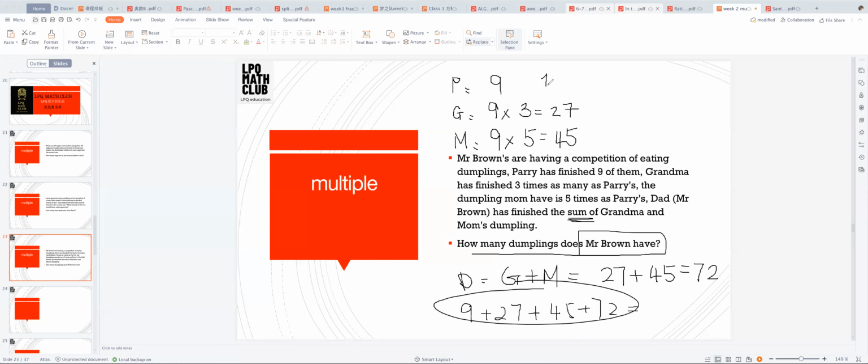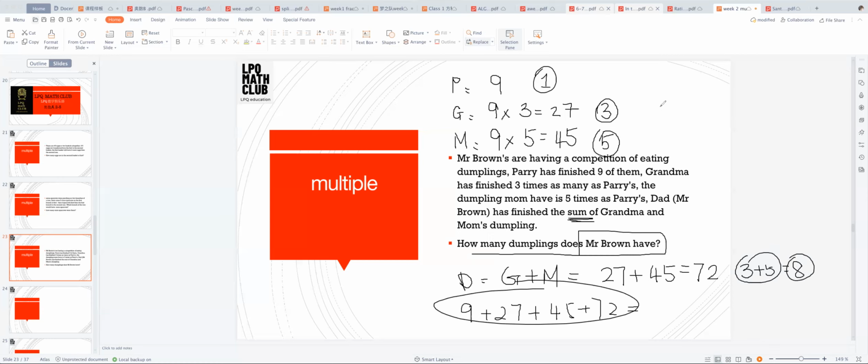Perry eats 1 portion. Grandma is 3 times Perry, so Grandma is 3 portions. And Mommy is 5 portions. And Daddy is 5 plus 3, which equals 8 portions.